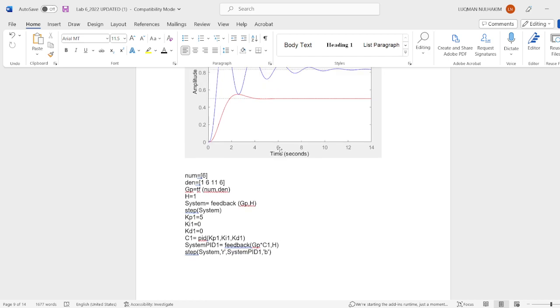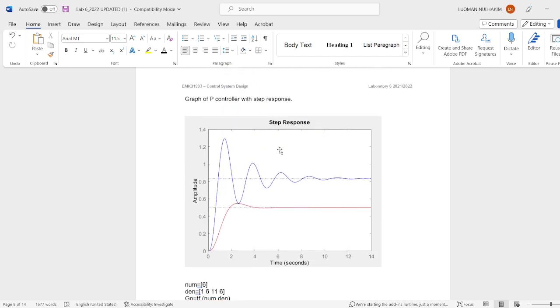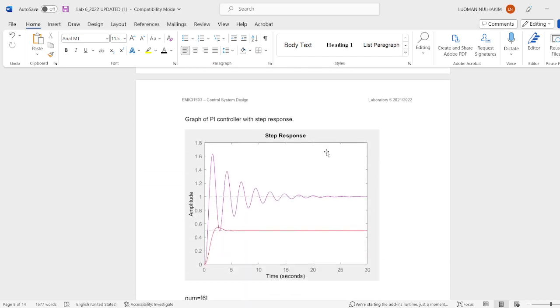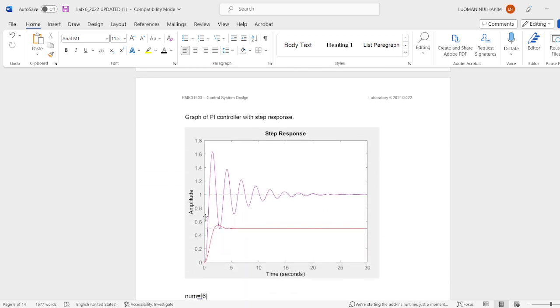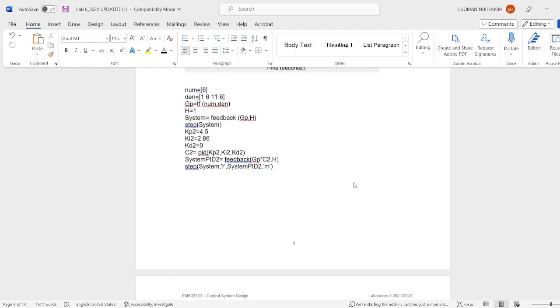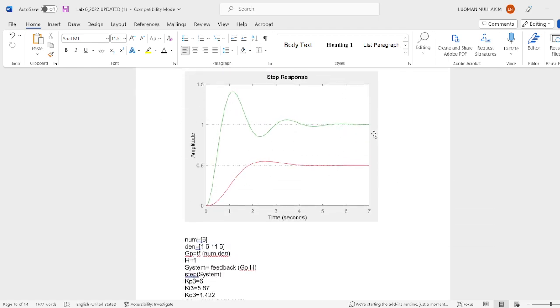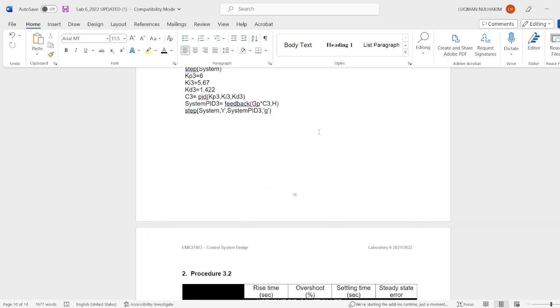So for the first graph, it's stable, quite smooth, fast, but the best is the PI, and the last one should be the PID because it is too slow in response.